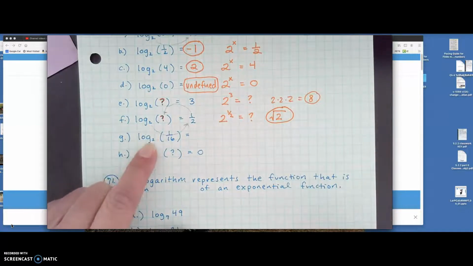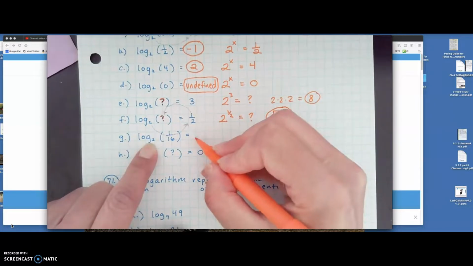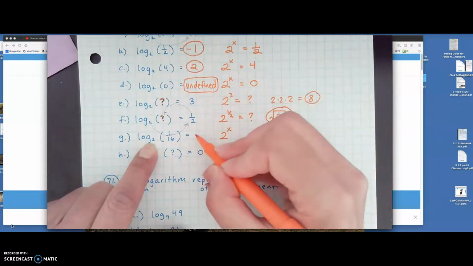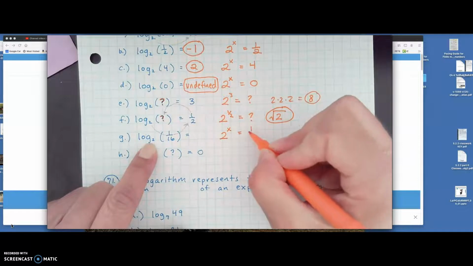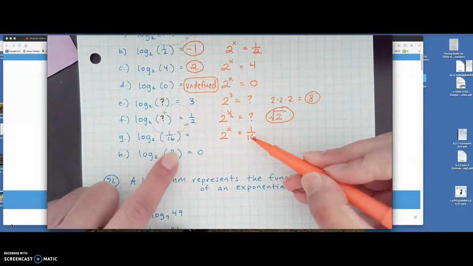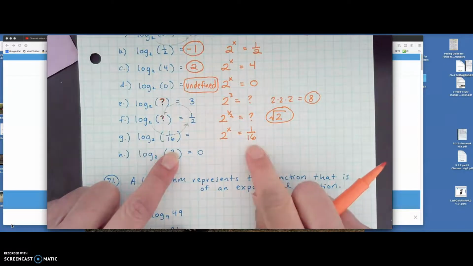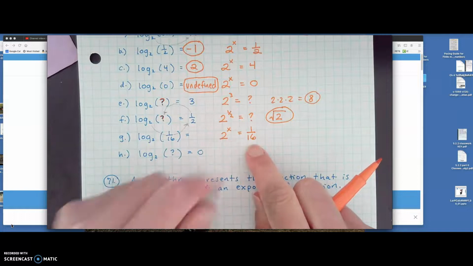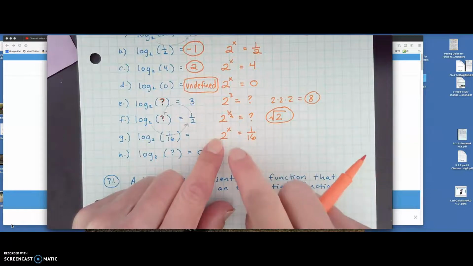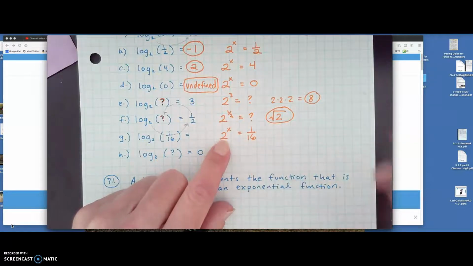Okay, same thing here. This time we don't know the outside number, so 2 to the x equals 1 over 16. So what we want to do on that one is convert the 16 to a base of 2 so that these kind of line up with each other.